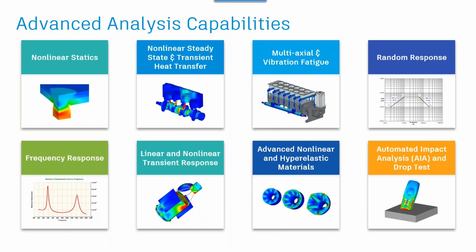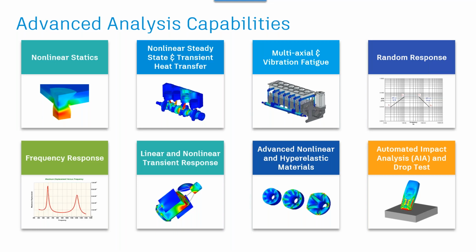Now jumping into the advanced capabilities, that's where a more advanced analysis comes into the picture, where you have more complicated loads, much higher loads that affect the part in a much larger way, where you have analysis capabilities like nonlinear statics, nonlinear steady state, and transient heat transfer, then vibration and multi-axial fatigue, as well as response to different frequencies.